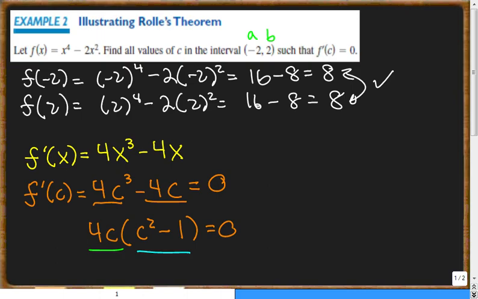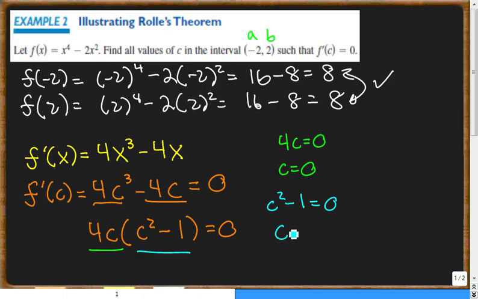But I'm going to end up saying that either 4c equals 0, because if this whole thing was 0, it doesn't even matter what this is. It automatically will work. And so you can see that c being 0 is an answer that would be fine. I also have that c squared minus 1 would be 0, because if that was 0, it doesn't matter what this is, it'll still end up being 0.